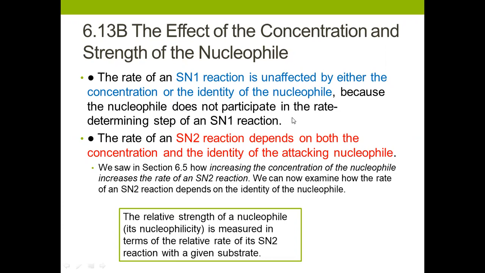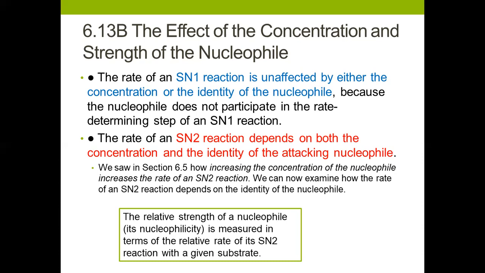If you remember, in the SN1 reaction, the first step is the formation of a carbocation. And that formation of the carbocation in this first step is a very slow reaction. Since it is very slow, in a multi-step reaction like SN1, the first step, the formation of the carbocation, becomes the rate limiting step.